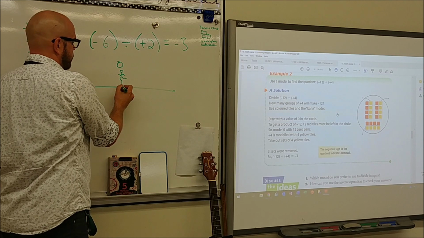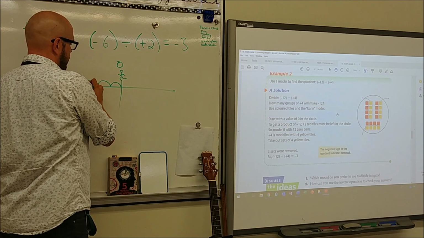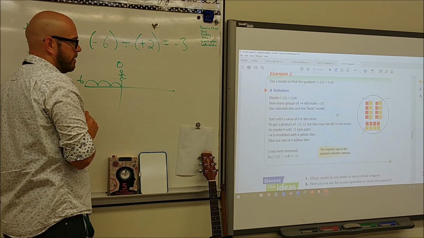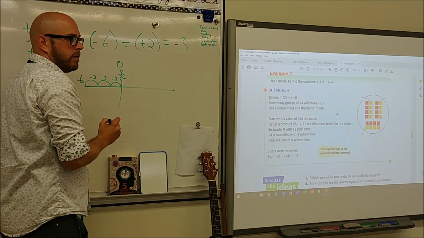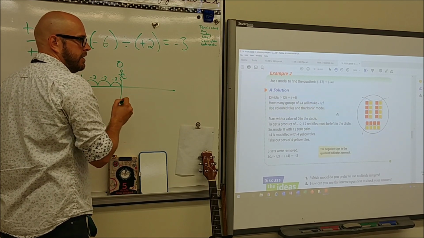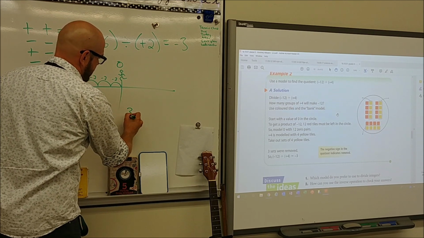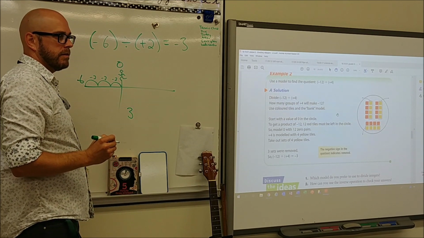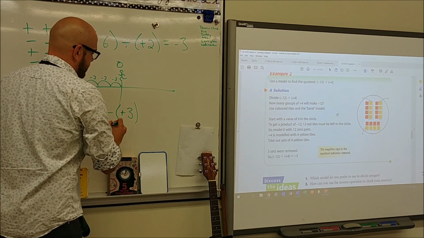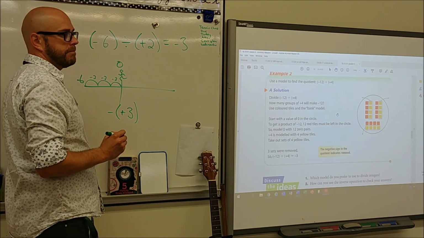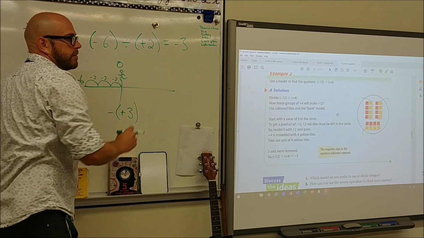And he's going to go 2 each time. 2, negative 4, negative 6. But those were negative 2 jumps each time. What that means is that he took 3 steps. And those were positive steps, but those were negative positive steps, weren't they? We got our negative 3.